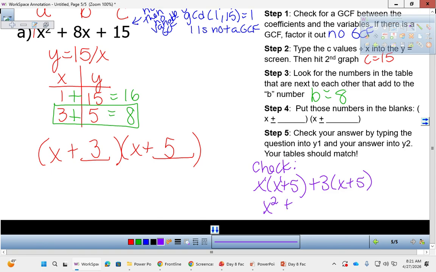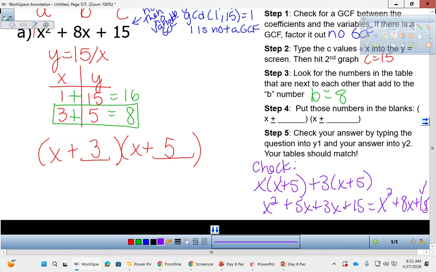X times 5 is 5x. 3 times x is 3x. 3 times 5 is 15. And when we combine like terms, 5 plus 3 gets us right back to where we started. All right, so you could redistribute or you could use Y1, Y2.